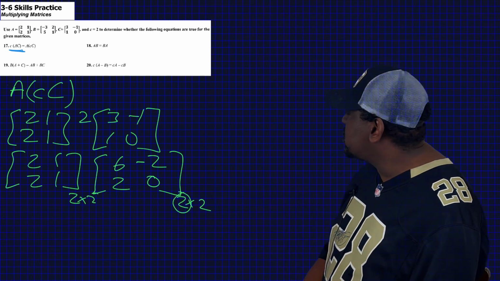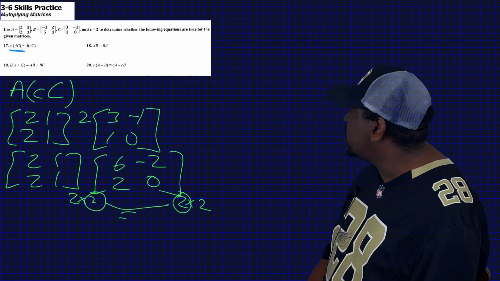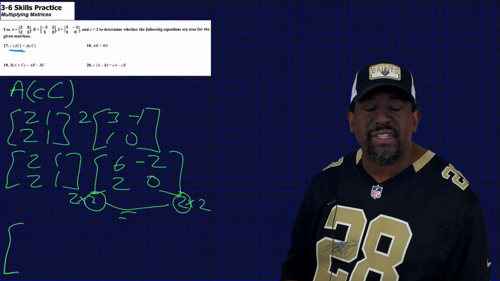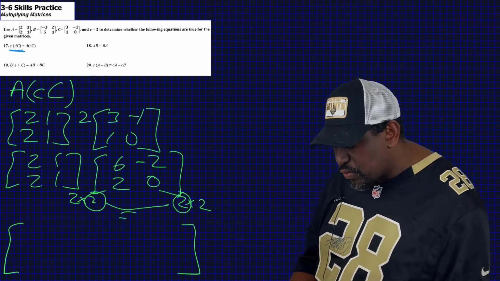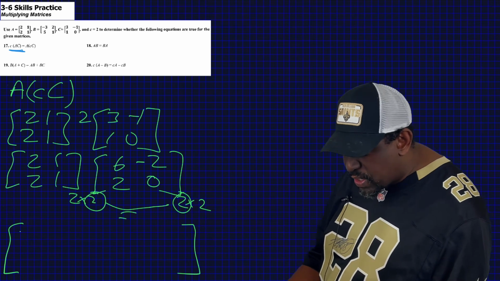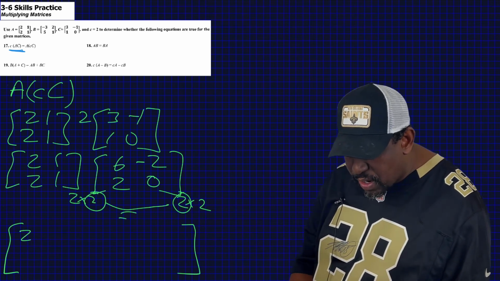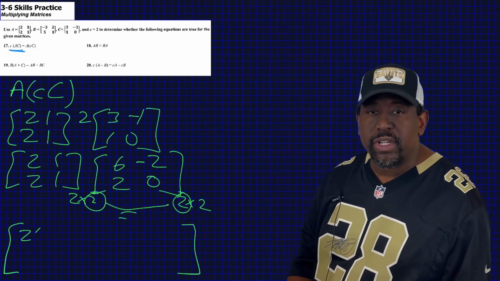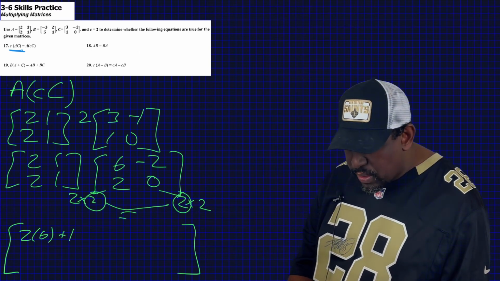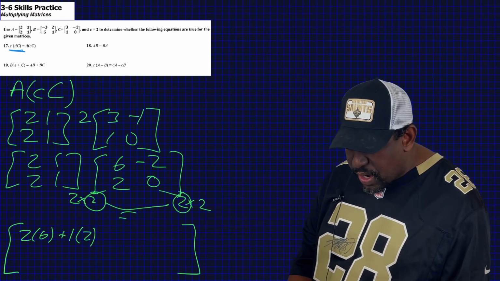We check the dimensions. Now we have to multiply those two matrices. They're equal. So now we're going to create those products to see if they're equal to the first group that we got. First row times the first column will give us 2 times 6 plus 1 times 2. First row, second column will give us 2 times -2 plus 1 times 0.